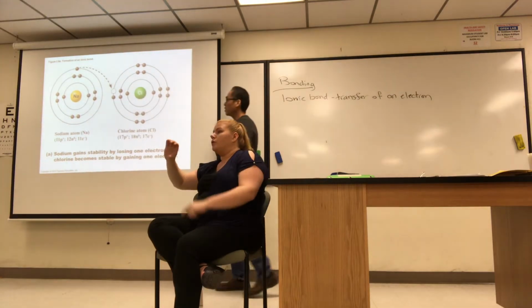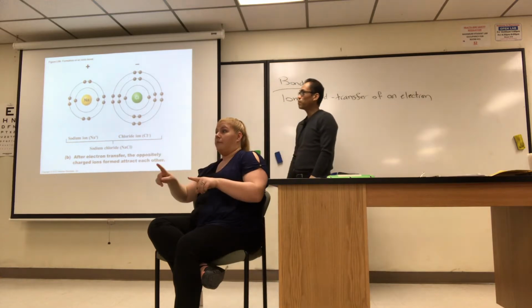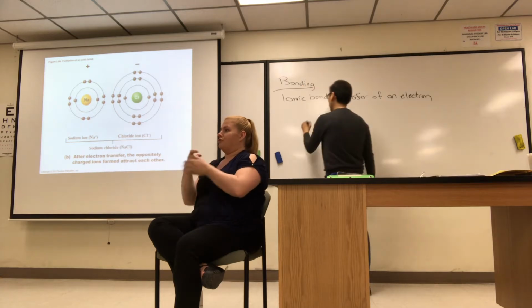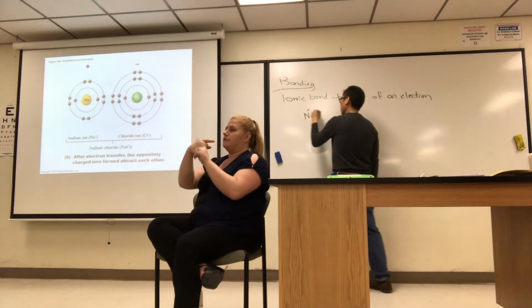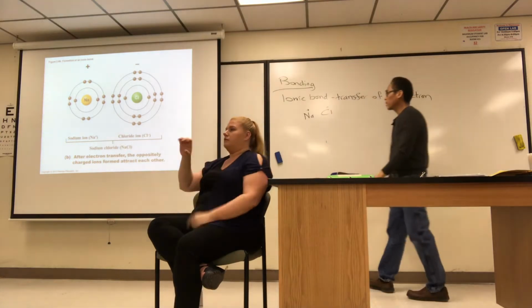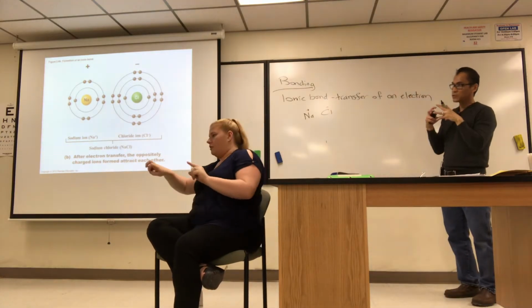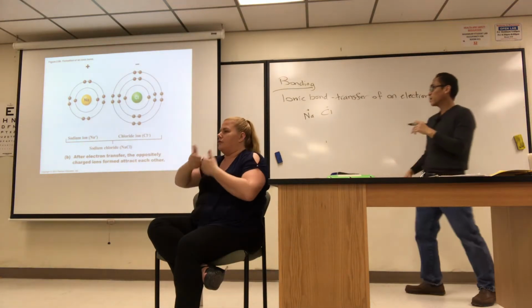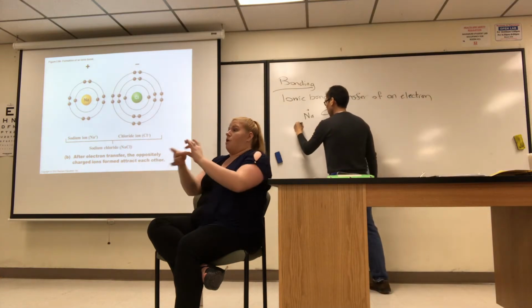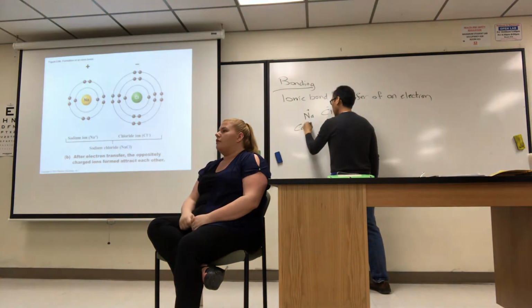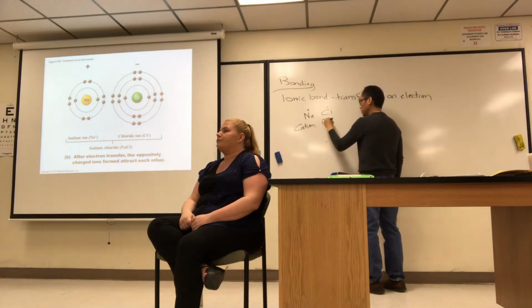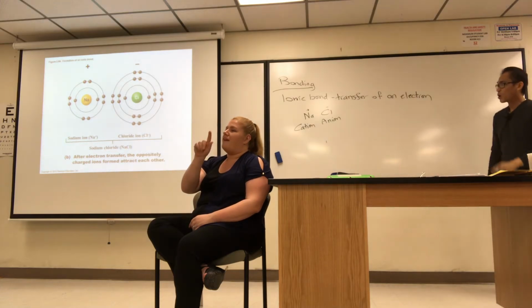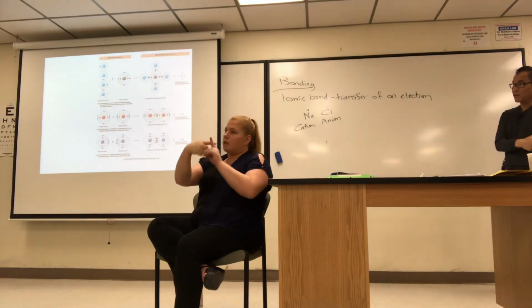What results is a fully charged sodium and chloride ion. There's an electrostatic interaction between the ions that form. Sodium is a monovalent cation, and the chloride ion is an anion, fully positive and fully negative as a result of the transfer of the electron.